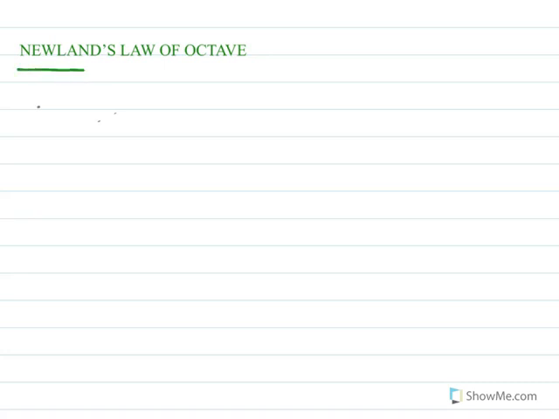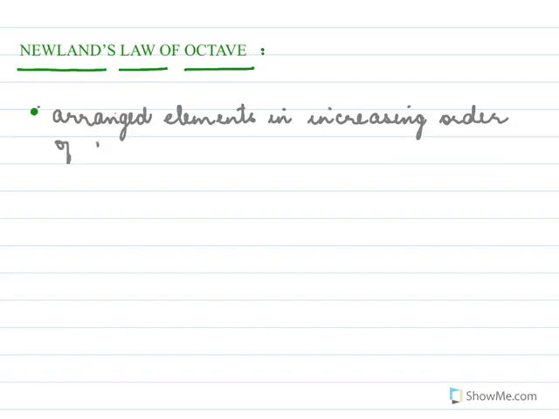Newton's law of octaves. This was yet another attempt to classify the then known elements. So Newton did two things. First, he arranged the elements in the increasing order of atomic masses.